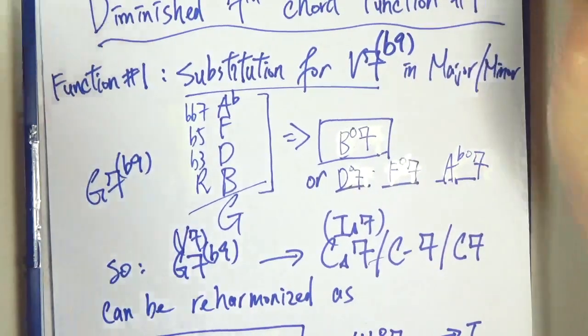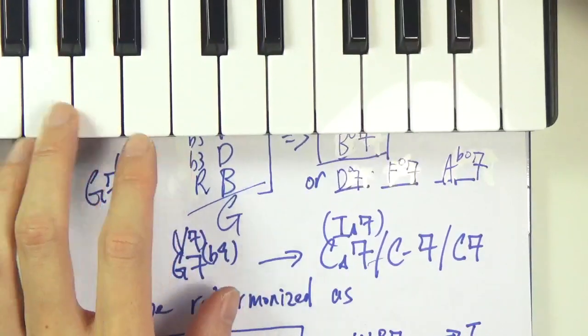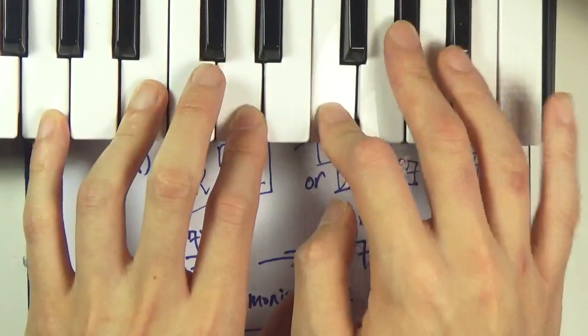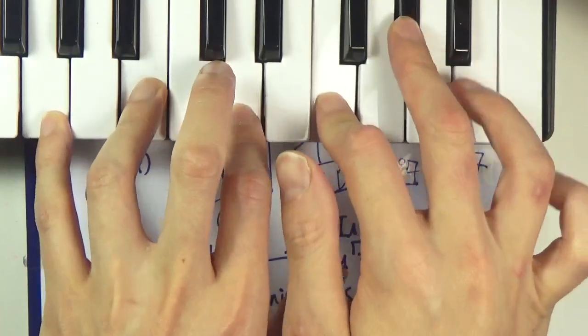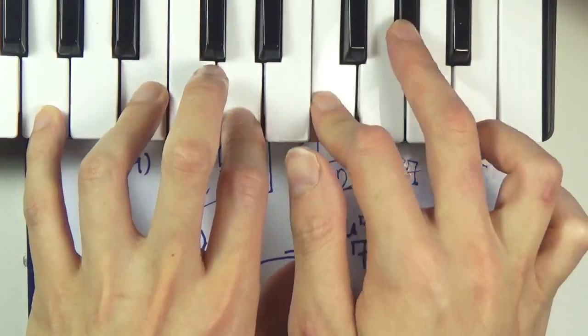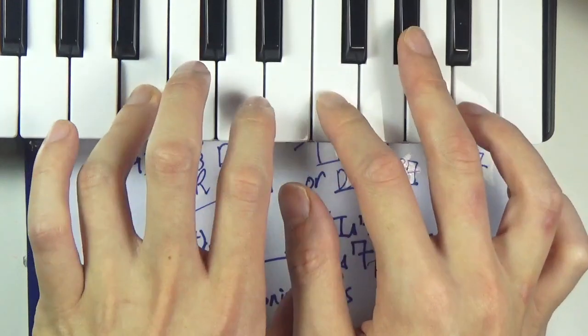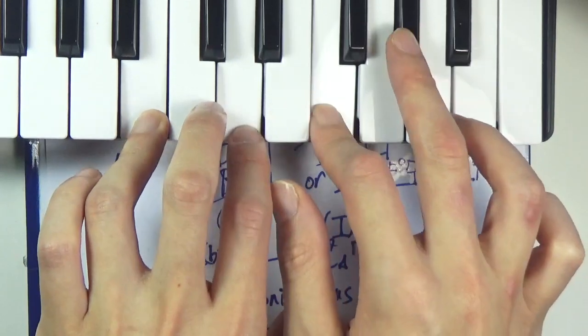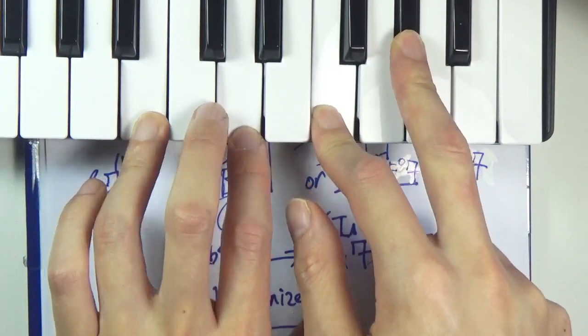So let's take a look. G7 flat 9, okay, that's your G7 flat 9. If I omit the root, that's our B diminished 7th chord. So B, D, F, and then A flat.